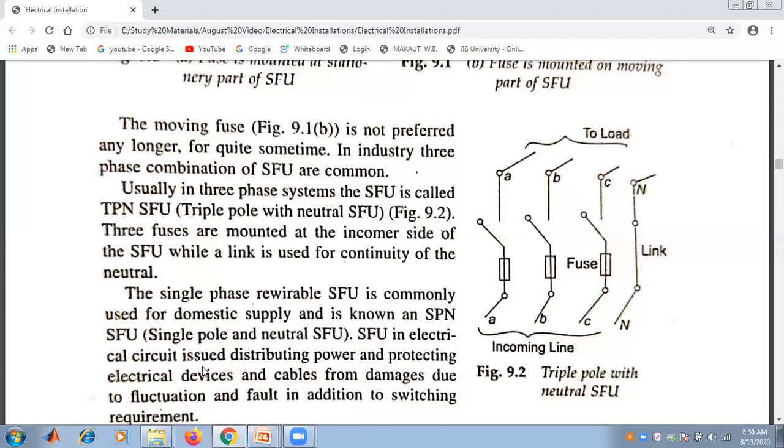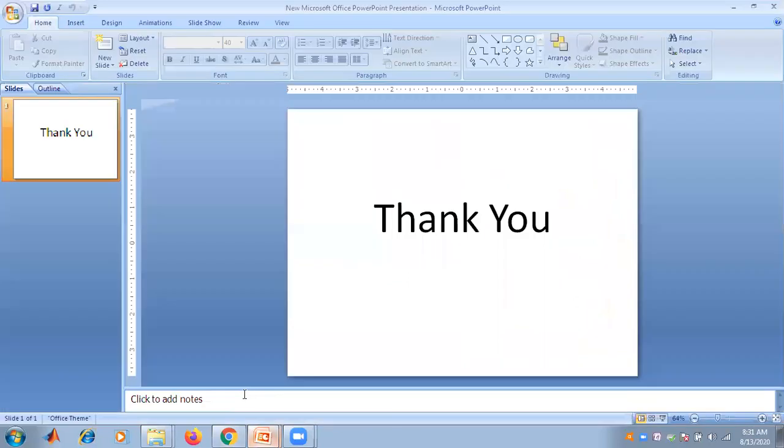SFU in an electrical circuit is used for distributing power and protecting electrical devices and cables from damage due to fluctuation and fault, in addition to the switching requirement. This is the general concept and application of the switch fuse unit or SFU. Thank you.